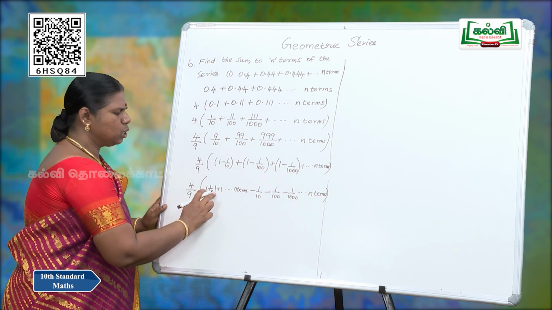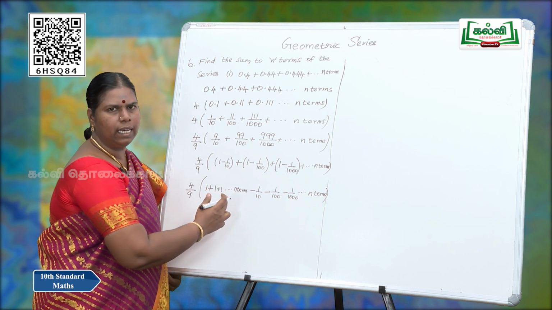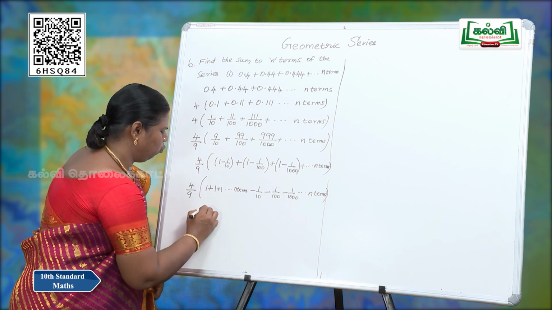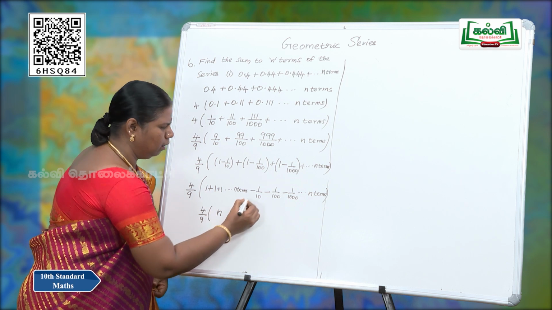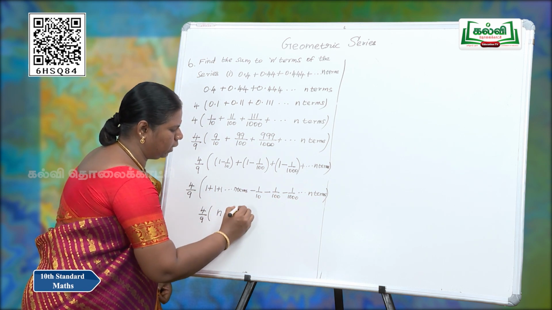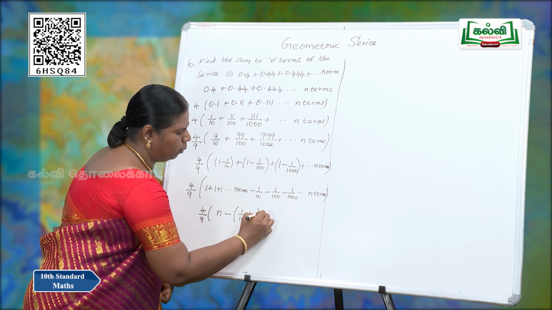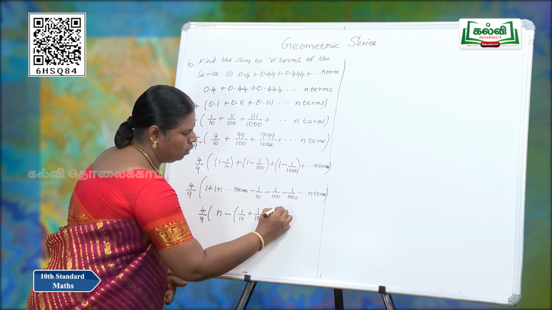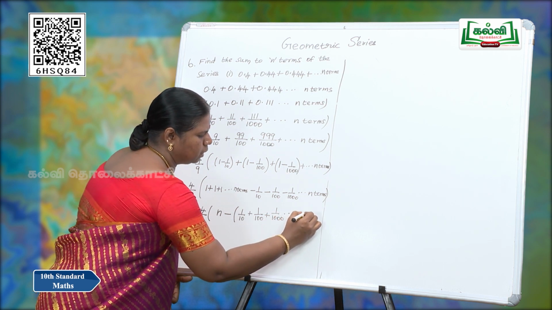Now 1 plus 1 is 2, 2 plus 1 is 3, up to so on n times means n. So 4 by 9 is n, minus is taken as common. The expression becomes 1 by 10 plus 1 by 100 plus 1 by 1000 up to so on n terms.